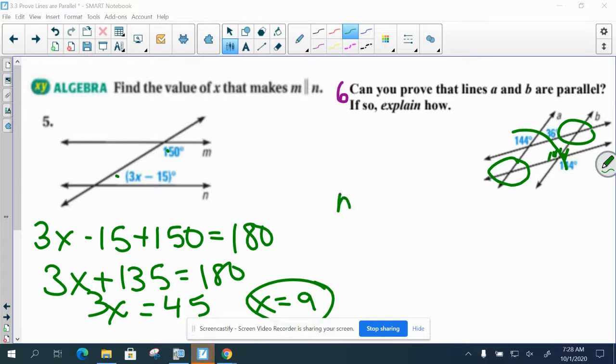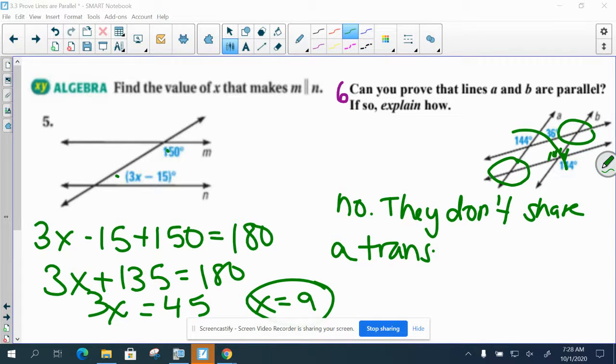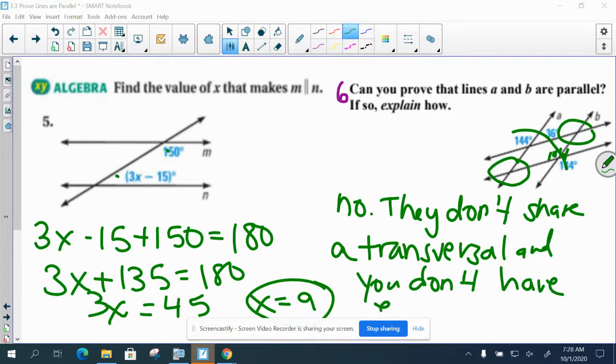So we can write no, because they don't share a transversal, and you don't have enough information on the other angles of this vertex and that vertex.